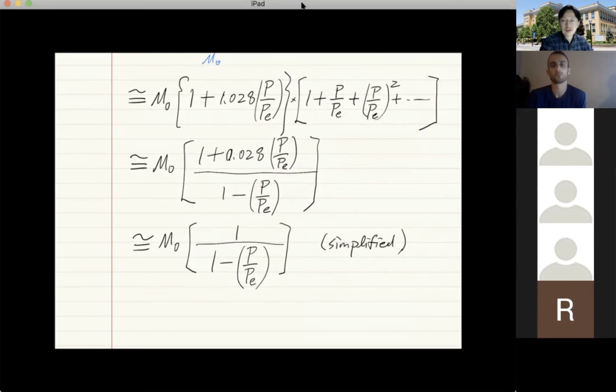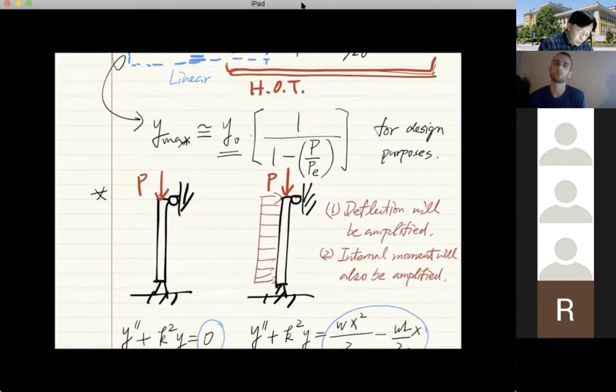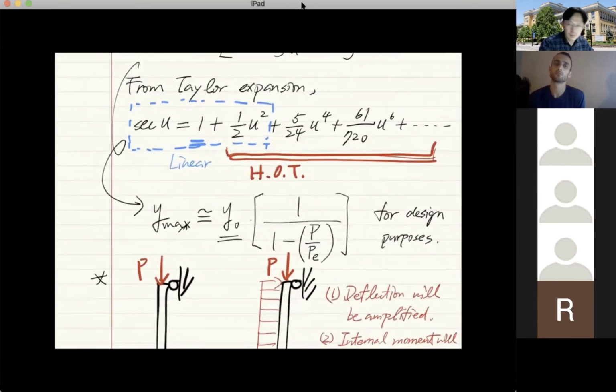At the moment of buckling, the deflection approaches infinity, so does the maximum moment. But when P is very large, but is not at PE, this ratio will become very large. That shows the nonlinear amplification of internal moment, and the same effect applies to maximum deflection as well.